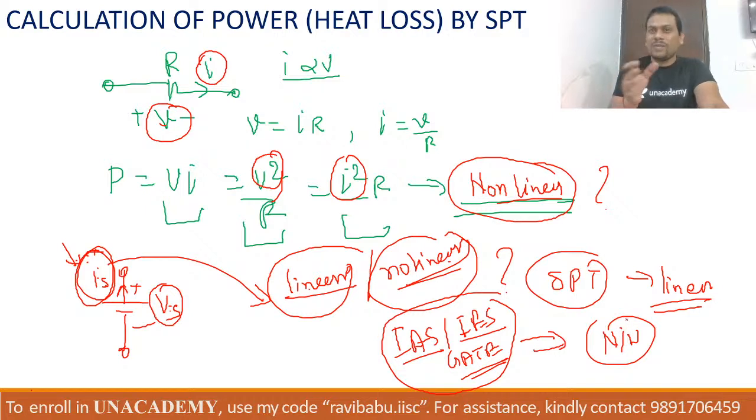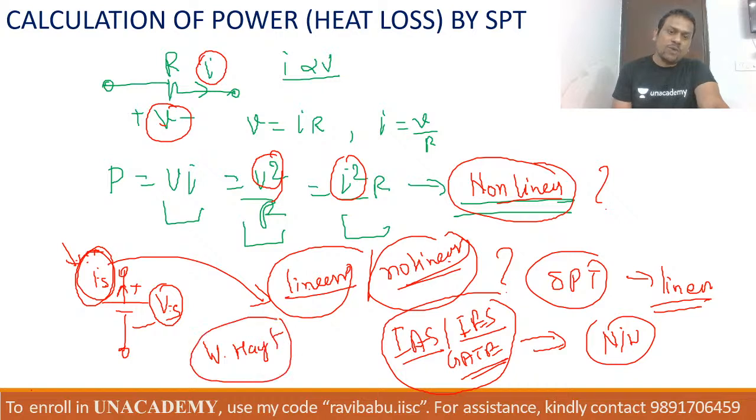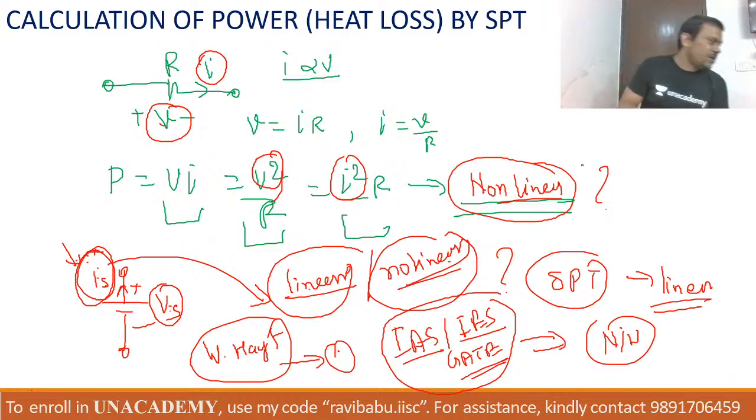Small non-linearity means the non-linearity will almost be negligible. For that you can take William Hayt as a source, which is a very standard work. We will also discuss it sometime later. But please mind it, still our SPT is not valid for non-linear. Just keep that in mind.